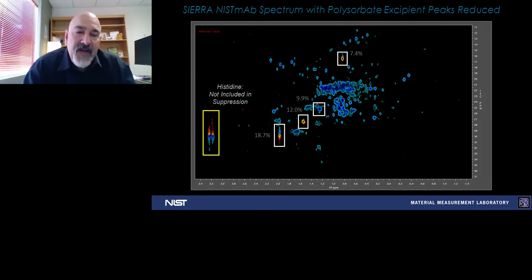we want. But when we looked at the spectrum, we wondered if, now that we've experimentally reduced the size of these signals, computationally we can do more to suppress them.